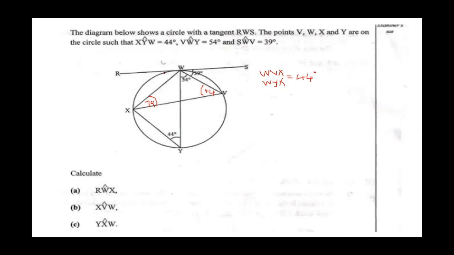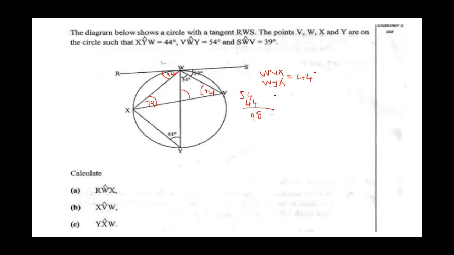Now if you find this 44, note that this is directly opposite this one, which is an angle between a chord and a tangent. So even this angle here outside is also 44. All right. Now that we have 54 and 44, we can easily find this angle because when we add 54 plus 44, we are going to have 98. So 98 plus this x is equal to 180.